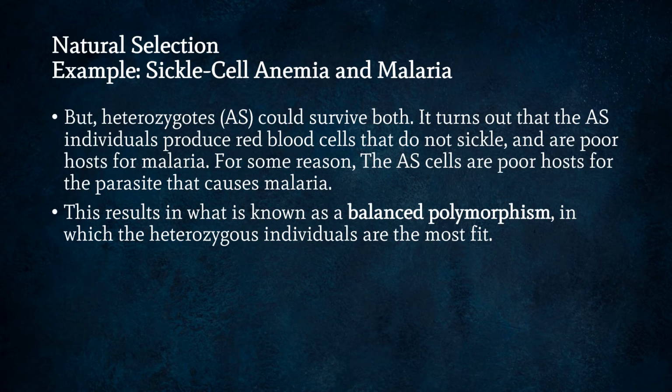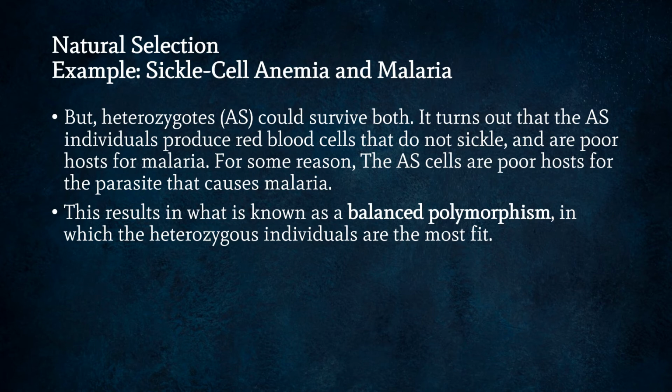But the heterozygous individuals could survive both. It turns out that the AS individuals produce red blood cells that do not sickle, but are poor hosts for malaria. For some reason, the AS cells are poor hosts for the parasite that causes malaria. And this results in what is known as a balanced polymorphism, in which the heterozygous individuals are the most fit.